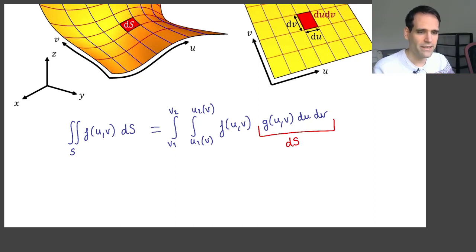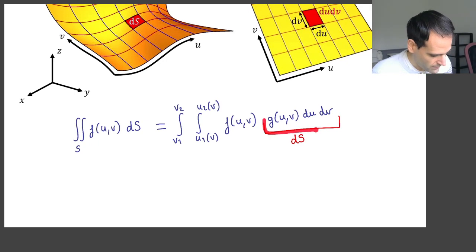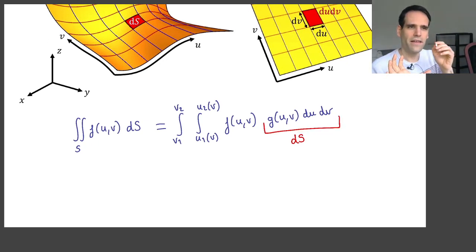This should remind you very closely of what happened when we changed coordinates, for example, to integrate in polar coordinates, right? Where we had dA, and it was d rho times d theta times some factor, which we found is equal to rho.